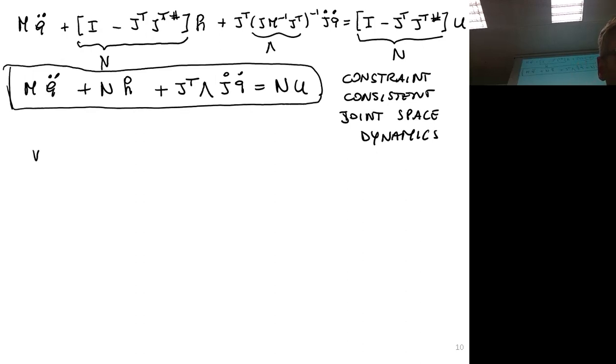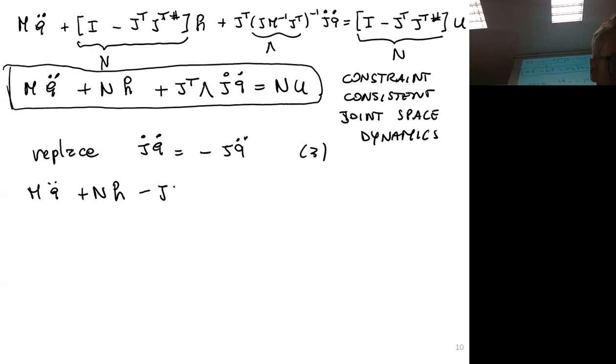And if we replace again J dot q dot with the expression from J q dot dot minus J q dot dot, we get something that becomes very simple.